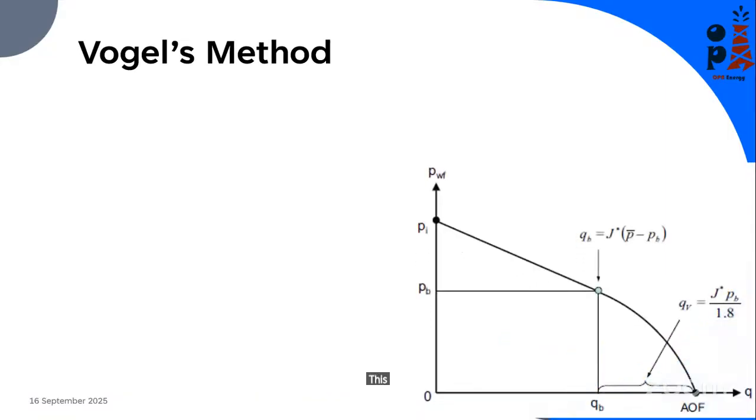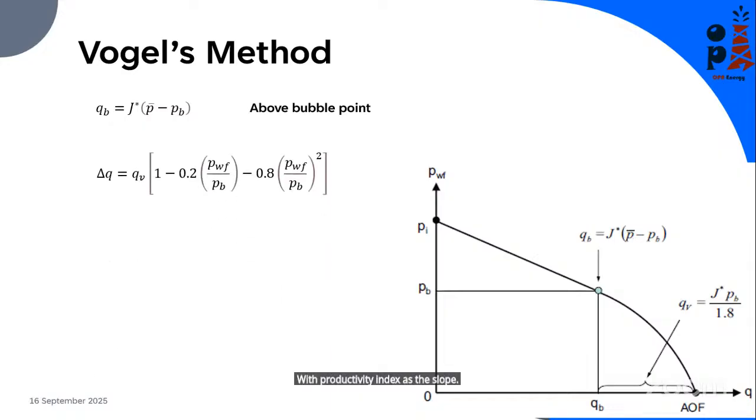This is the IPR curve, as you can see. Above bubble point, it produces only oil, so it's a straight line with the productivity index as the slope. The increase in productivity after we drop below the bubble point is approximated by this.